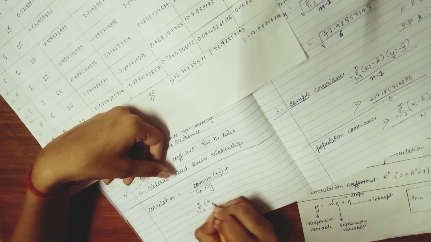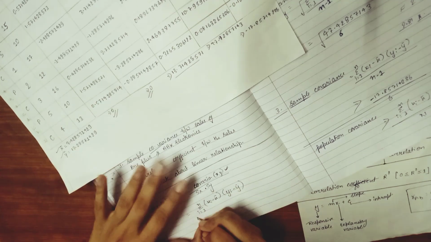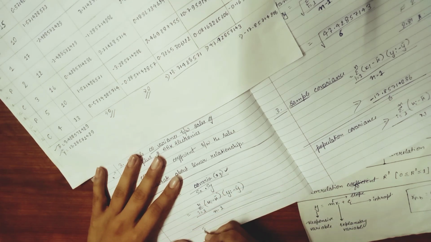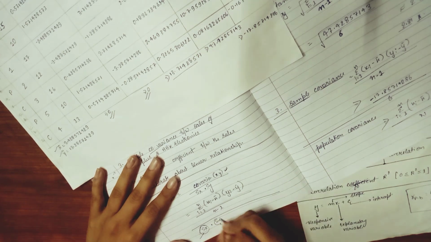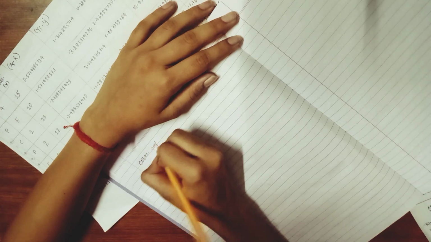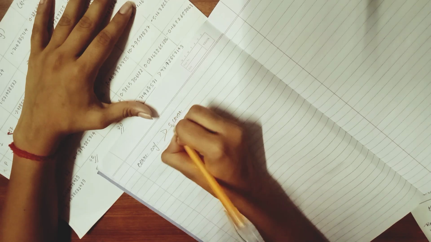If we want to expand it further, we can write it like this: with n minus 1, which will give the sample covariance for x, y. Then we know the formula of sample standard deviation for Sx and then for Sy. Likewise, we can calculate the correlation coefficient also.